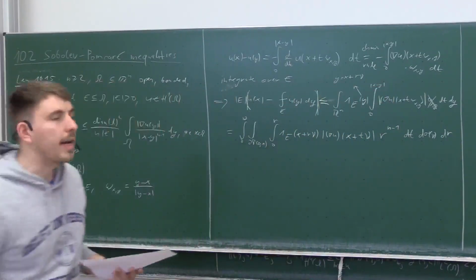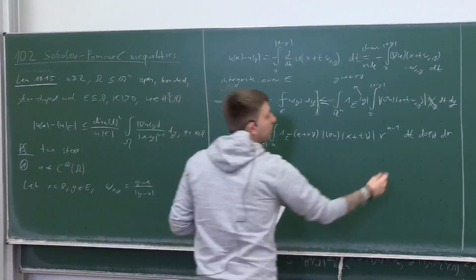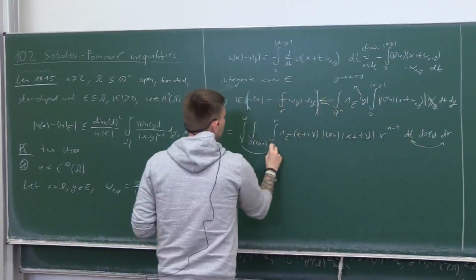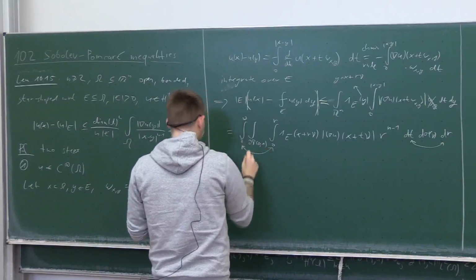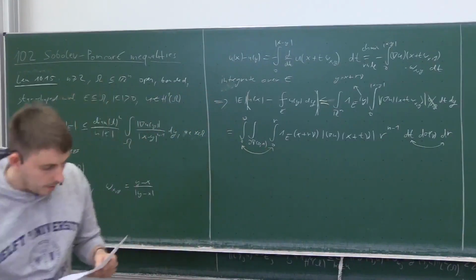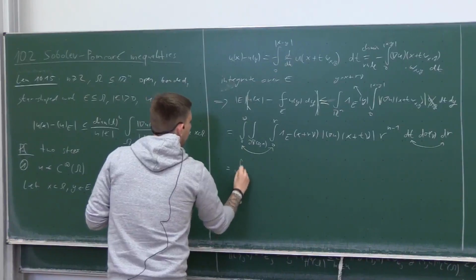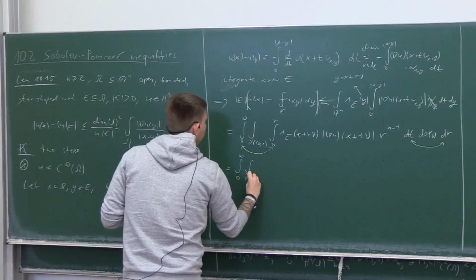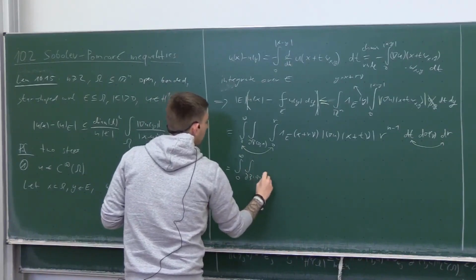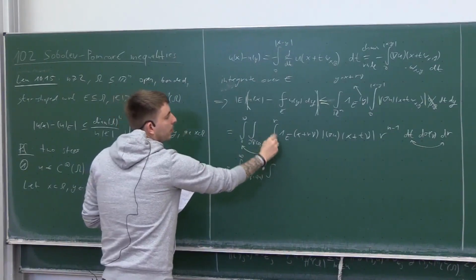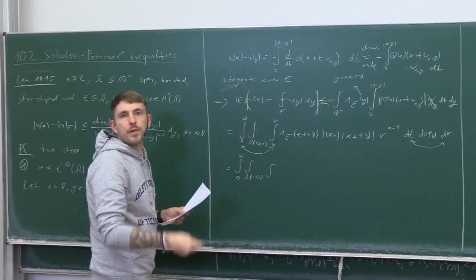And so next I want to use Fubini to switch these two integrals. What happens then? I get the integral from 0 to infinity, the integral over the sphere. When I use Fubini, the 0 to r will become t to infinity.